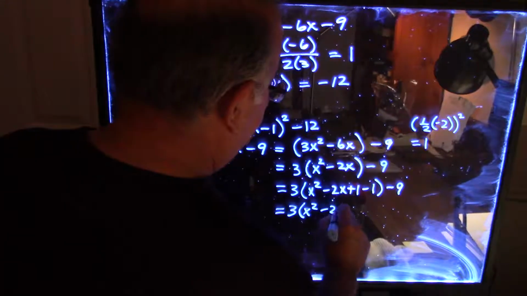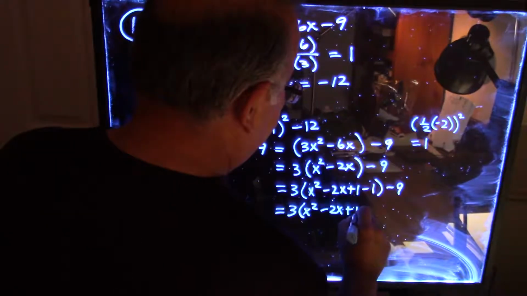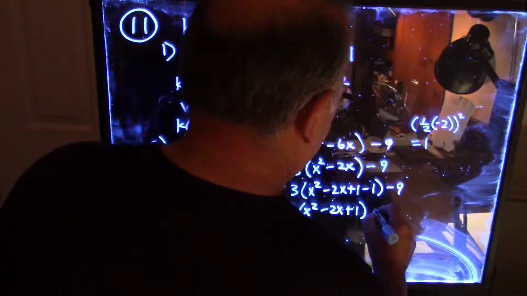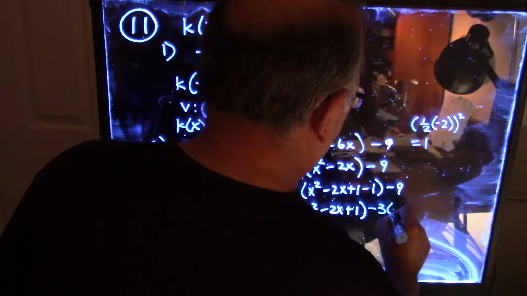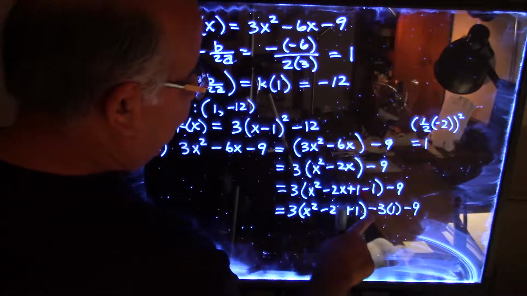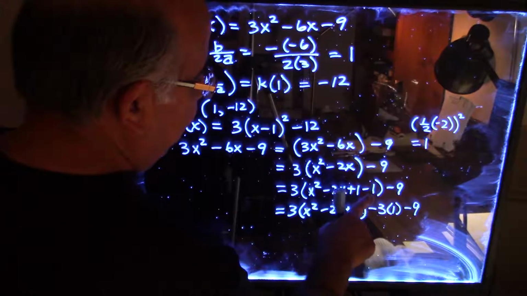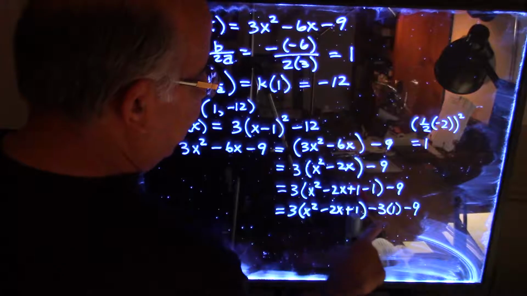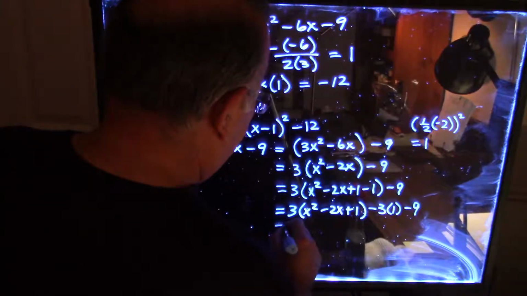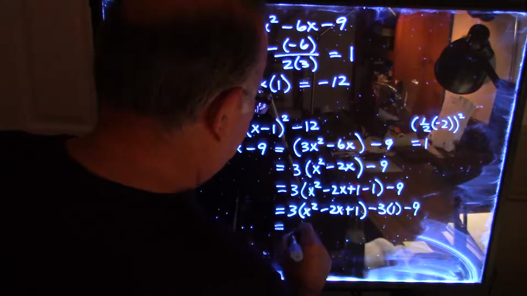So this is equal to 3 times x² minus 2x plus 1. And then it's going to be 3 times -1 is minus 3 times 1, minus 9. So what I'm showing here is you're multiplying that -1 by the 3, and then you can bring it out. You must do that step, otherwise it's not going to be correct.